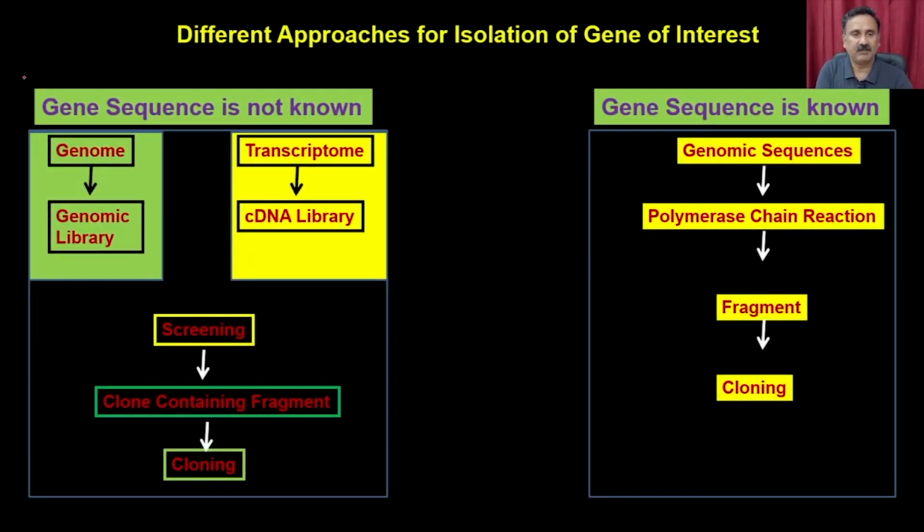We have discussed approach 1, which was very common and very popular in the pre-genomic era, when the genomic sequences were not known, and you only knew that there is an antibody found in the patient, or a genomic sequence or DNA fragment is found. In those cases, you have to use the genomic library.